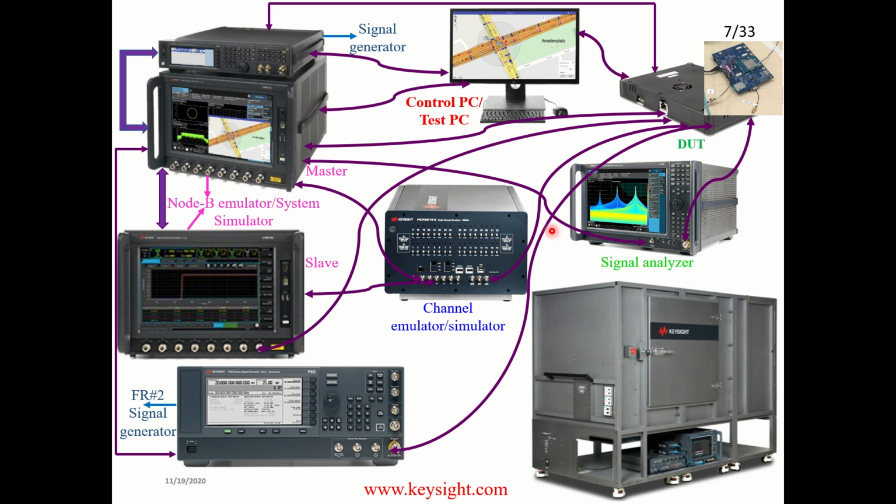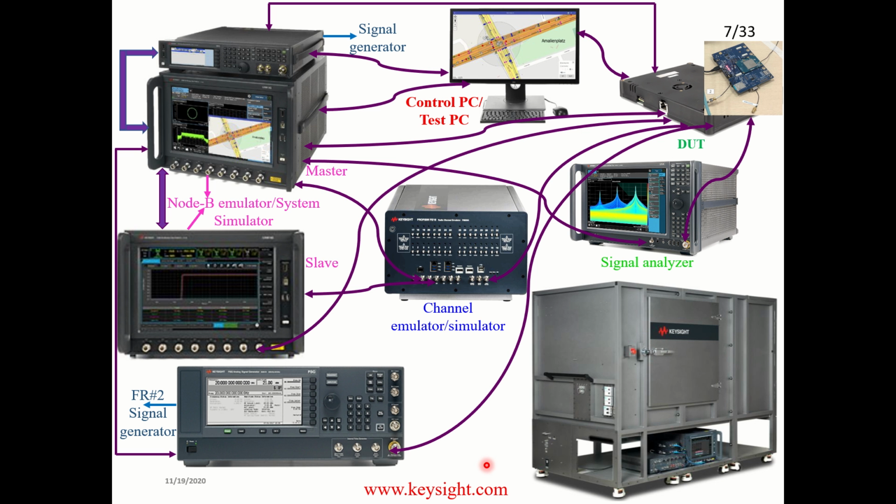That's all. Next is the signal analyzer or spectrum analyzer, whatever it is called. This is the additional signal analyzer. Within this box there will be some signal analyzer, but with a limited frequency range. To cover additional frequencies, you can use this additional one.